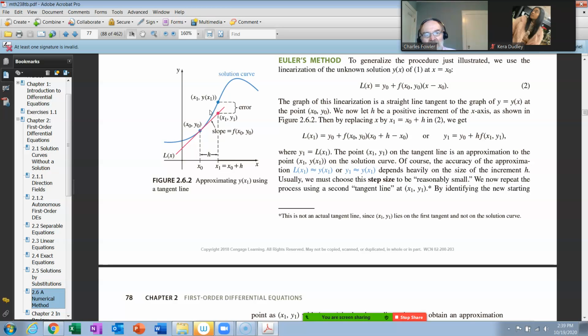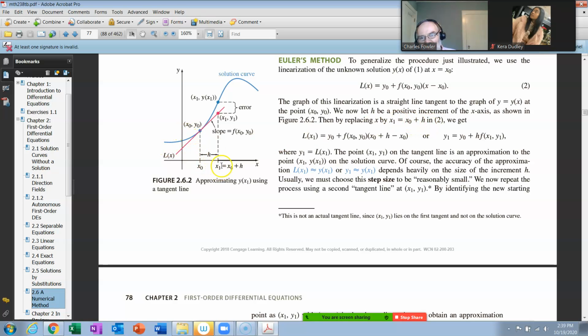Okay. Now, if we let h be a positive increment of x in the x-axis, that's what we're showing here, then replacing the x by the x here with x1 is equal to x0 plus h, which is what they show here.